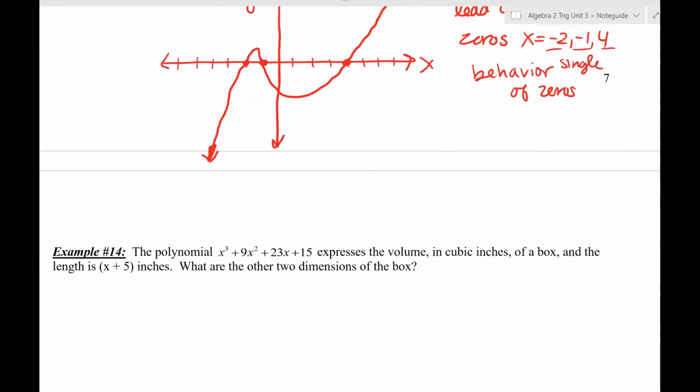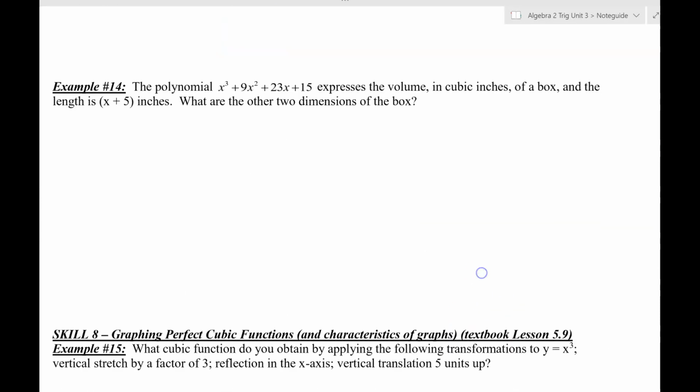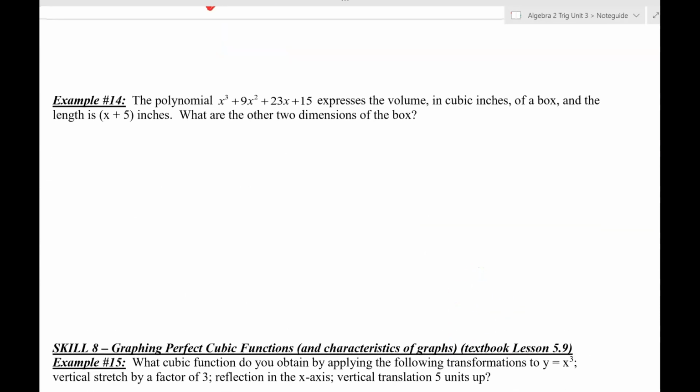All right, so now we're going to look at one application problem in this sense. So they give us a polynomial, and they tell us it expresses volume in cubic inches of a box. So what I know previously about the volume of a box is I would multiply length times width times height to create that volume. So this polynomial was created by a length times a width times a height of the box. Then they tell us the length is x plus 5 inches.